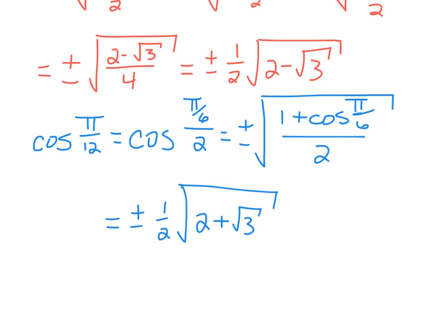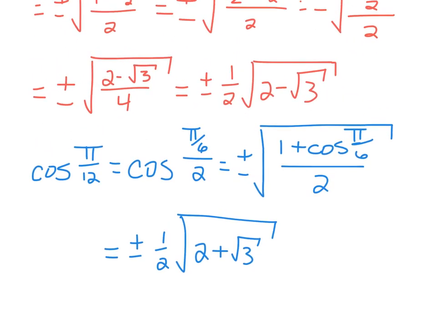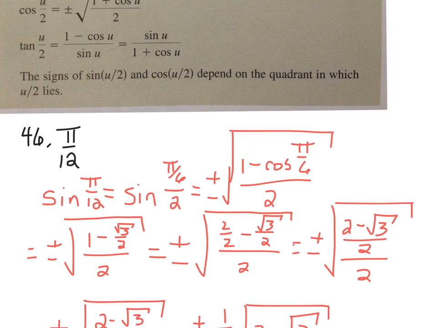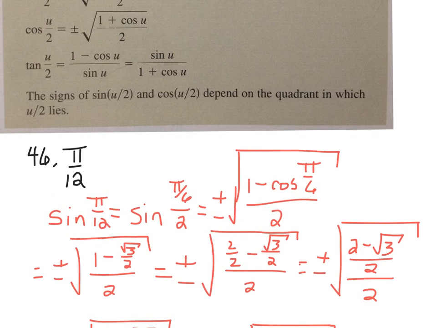Okay, so then the only other one that we have to do is the tangent. And you can use either one of these. They are equivalent, right? For this purpose, I'm just going to use this one, so I don't have to do too much in the denominator. But they are the same.